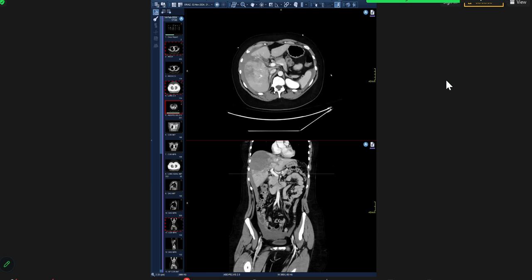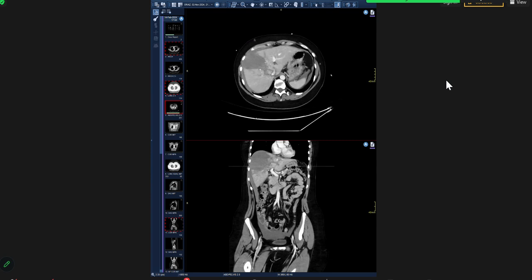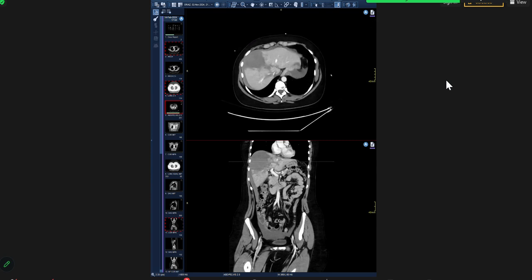Portal vein is normally contrast opacified, and hepatic veins also appear unremarkable. Middle hepatic vein is also normal.